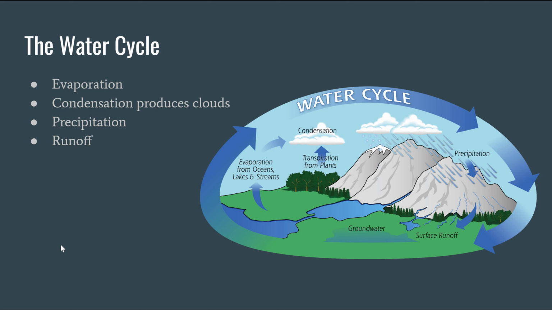Clouds at ground level are what we refer to as fog or mist. Similarly to evaporation, condensation is affected by the sun. As water vapor cools, it reaches what we call the dew point, and once it hits that dew point, the water vapor will condense into liquid.